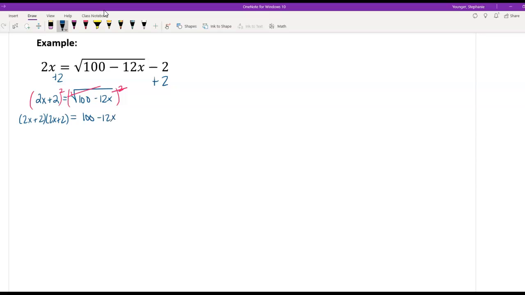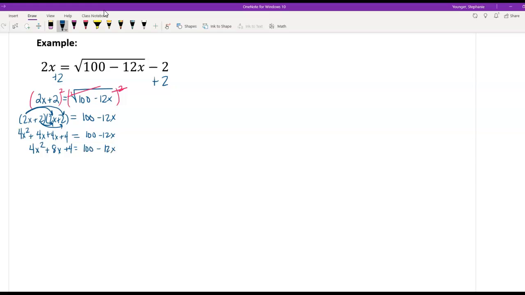So when I go ahead and distribute, and remember, the first term goes by each term in the second set of parentheses. So we get 4x squared plus 4x, and then the second term by everything in the second set of parentheses, plus 4x plus 4 equals 100 minus 12x. So simplify further, 4x squared plus 8x plus 4 equals 100 minus 12x.